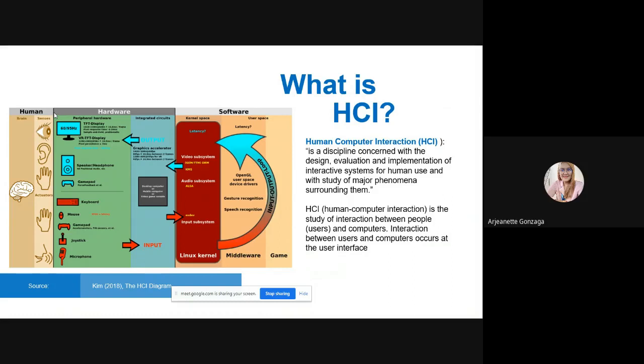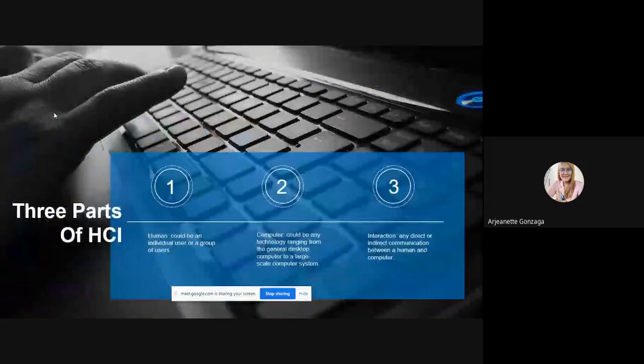Interaction between users and computers occurs at the user interface. So ang HCI, pinakasimpleng explanation is interaction ng tao sa computer. So, sino ba ang nasusunod? Kung si tao ba o si computer? Okay.